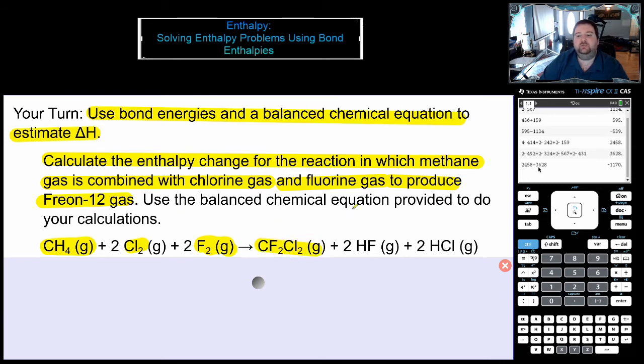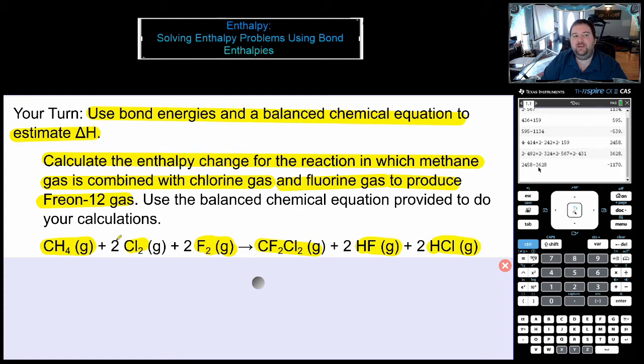And there's some byproducts here that are not stated in the equation. That's why I've given this equation to you. And the byproducts are hydrogen fluoride gas and hydrogen chloride gas. And of course, then you'd have to balance it.